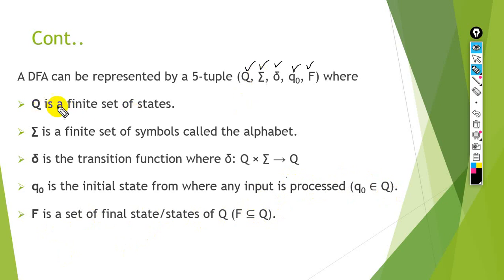So now what are these? Q is a finite set of states. For example, if we have a DFA, let me just write it properly.